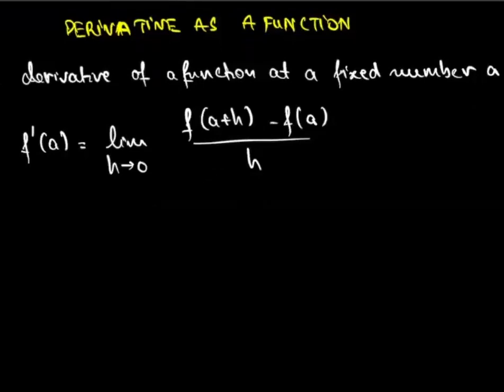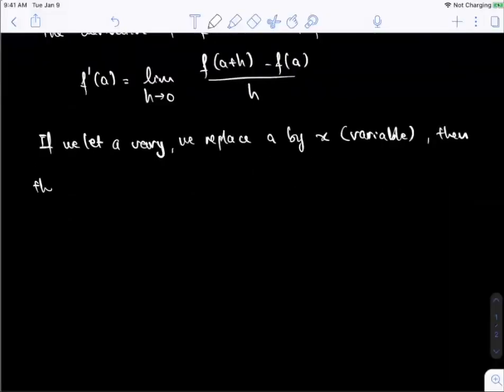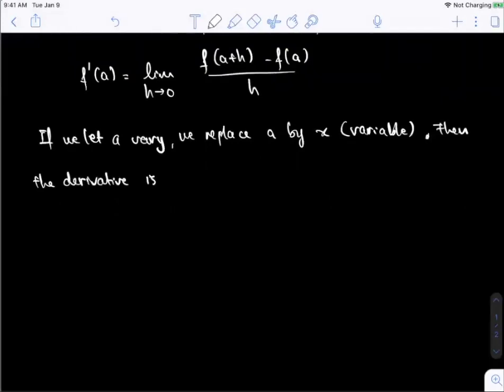If we let A vary, we replace A by x, which is a variable. Then the derivative, f prime of x, is equal to the limit as h approaches 0.